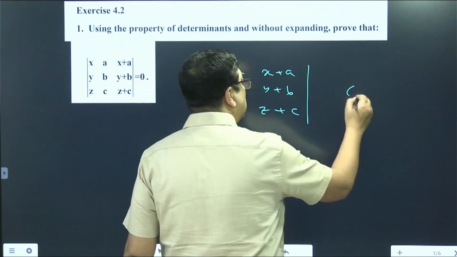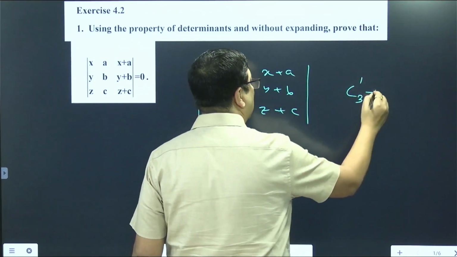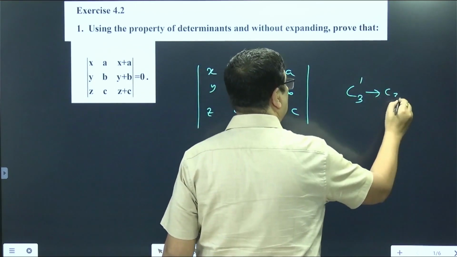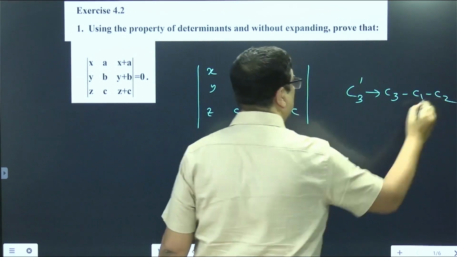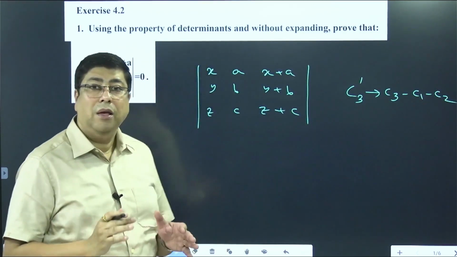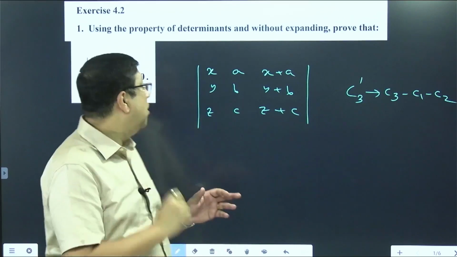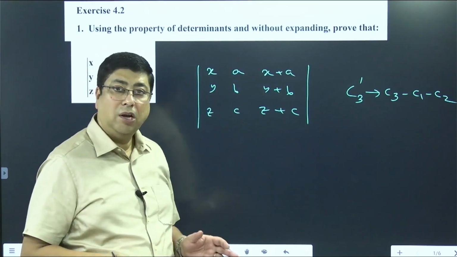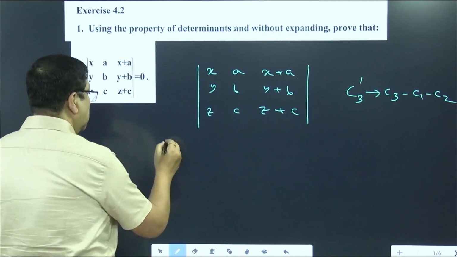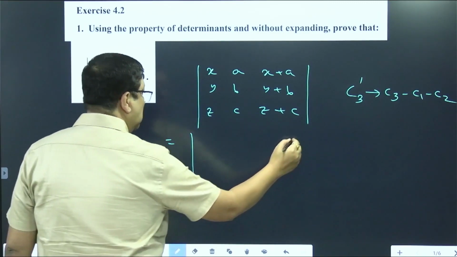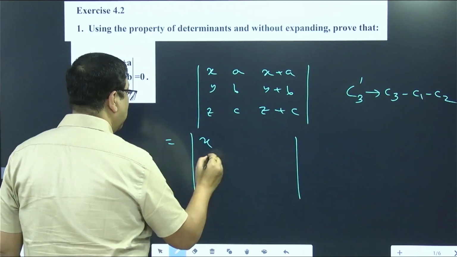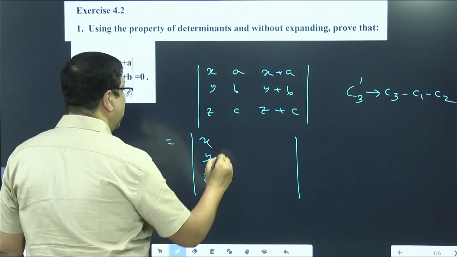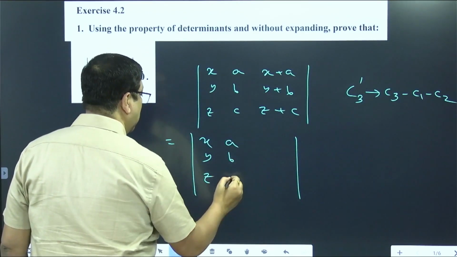So let's make a new column 3, which goes to C3 minus C1 minus C2, and our target is to make the maximum number of zeros, because it has been given to do it without expanding the determinant, using the property only. We are operating on C3, therefore C1 and C2 remain the same. So x, a; y, b; z, c.